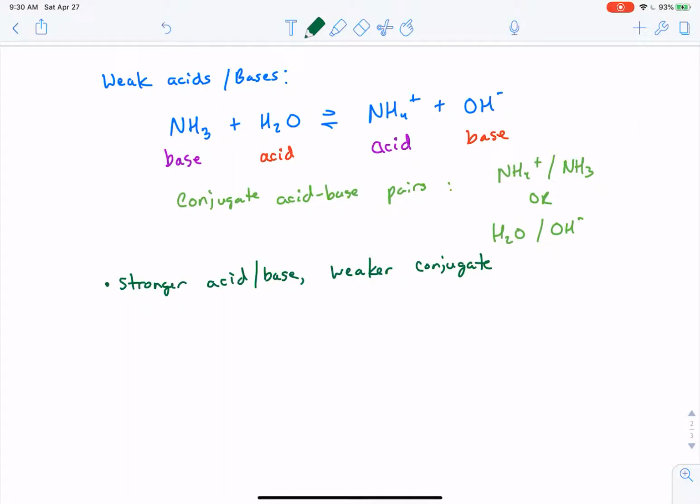Because most of these are all weak acids and weak bases, and so it's just a stronger or weaker acid or base. So keep that in mind. And you look at strength based on your Ka or pKa values for acids, and then pKb values or Kb values for bases.